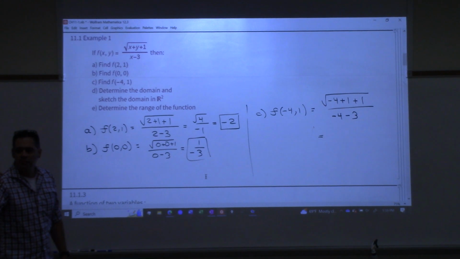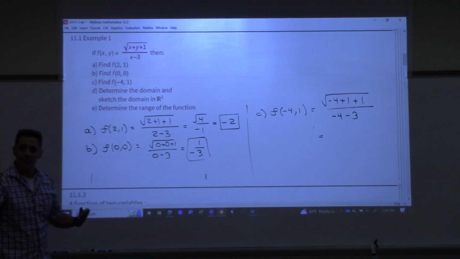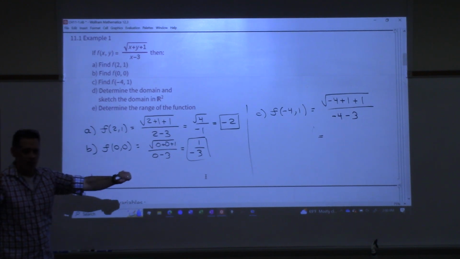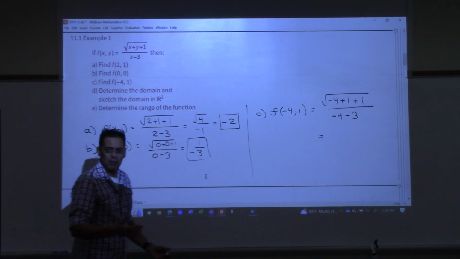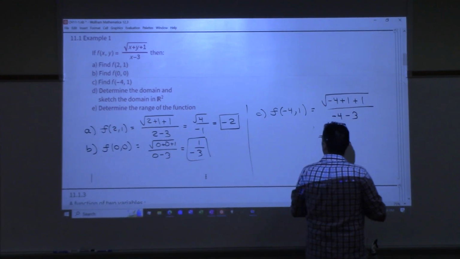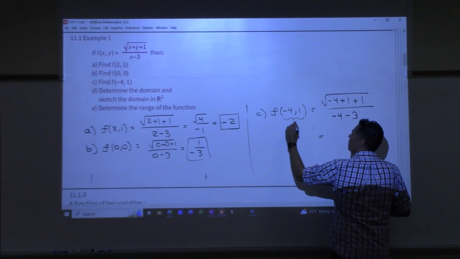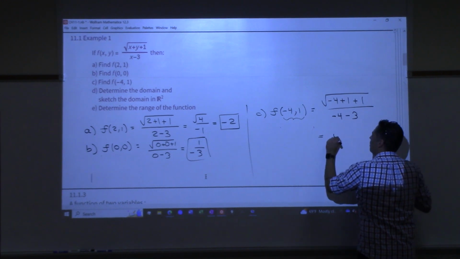What's wrong here? We have a negative under the root, which means what? We can't do it, it's imaginary, right? I told you a while back, Cal 1, Cal 2, Cal 3, we don't deal with imaginary numbers at all. So we are stuck. So what we say here is that this point is not in the domain. This is undefined, right?